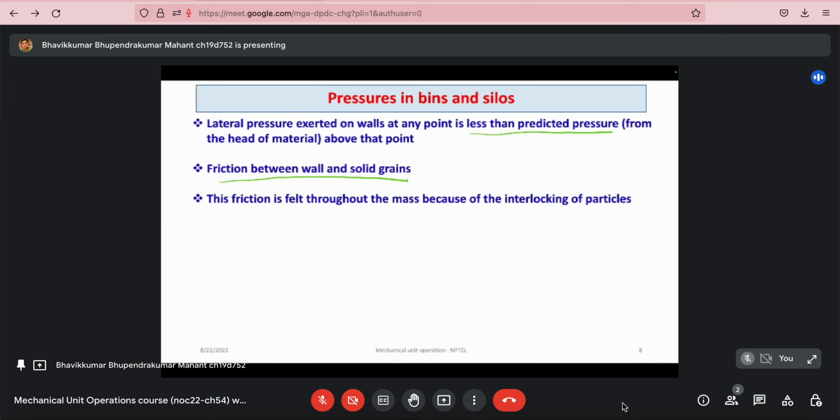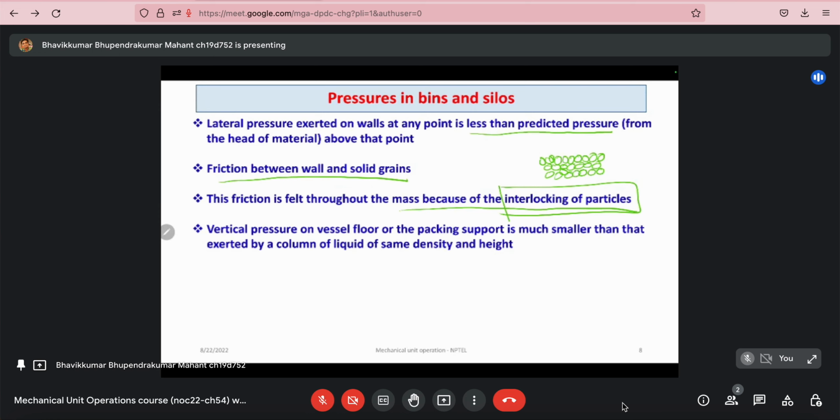This friction is felt throughout the mass because of interlocking of the particles. Solid particles have properties different from fluid particles, and they interlock with each other. If you apply pressure, it generates friction, and due to interlocking of the particles, that friction is felt everywhere.